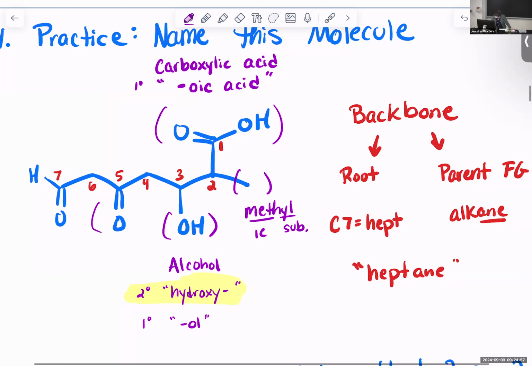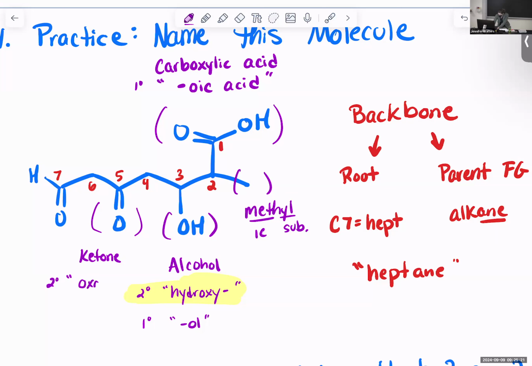All right, what functional group is this? Ketone, good. I know because it's the carbonyl, the carbon-oxygen double bond with carbon on either side. So that is my ketone. Bless you. If it's a secondary functional group, what prefix do we use?